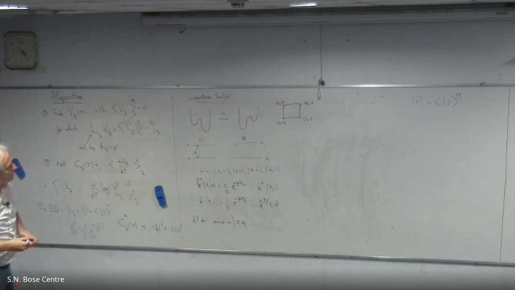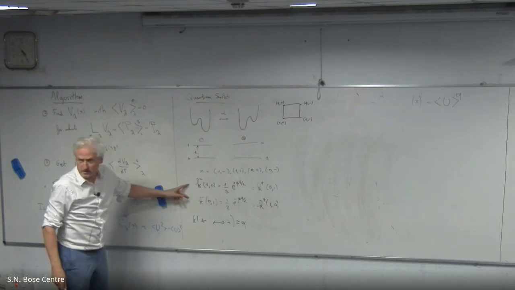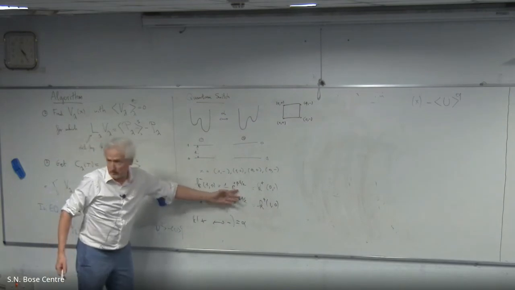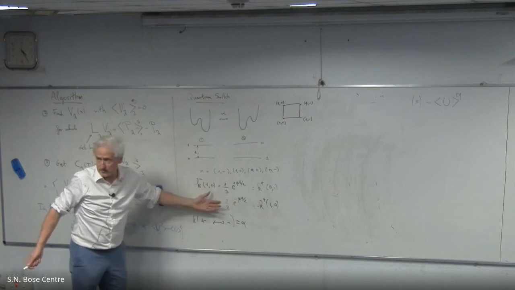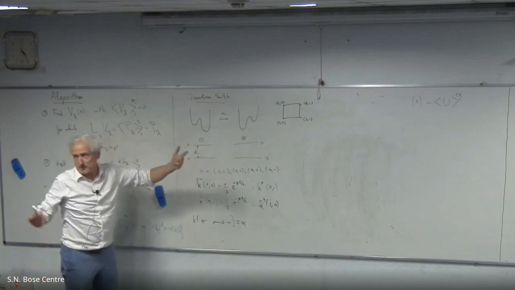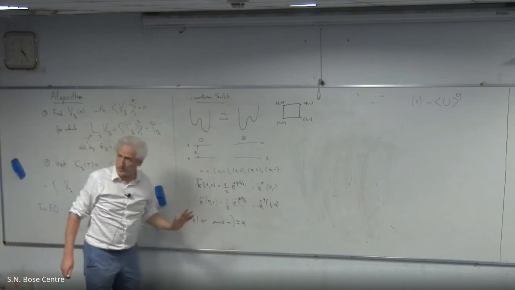And even though I have local detail balance, in the sense that the ratio of these two is just epsilon divided by temperature, I do not have global detail balance, but maybe that's an exercise. If the alpha is there, there is no global detail balance.